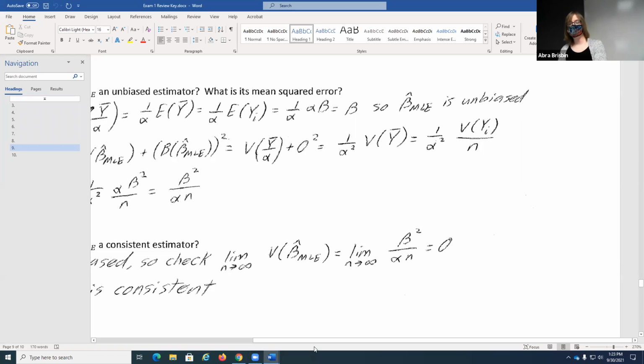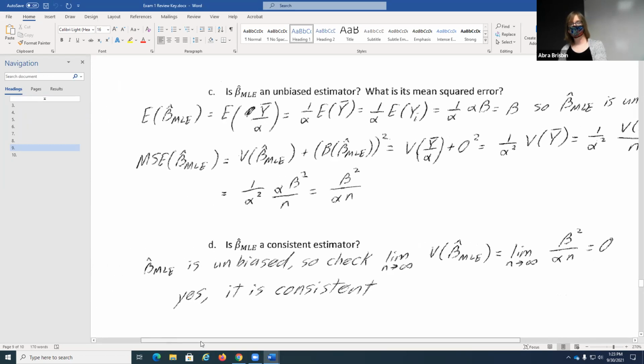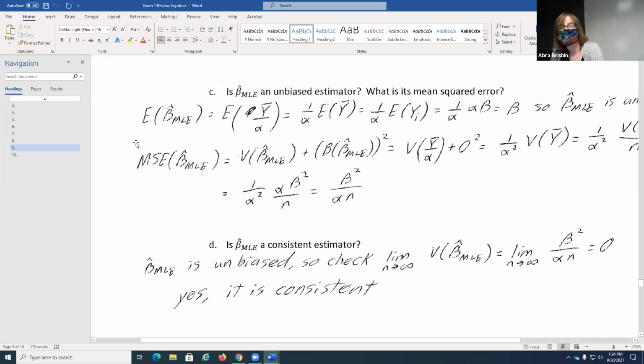And then what is its mean squared error? Typically, it's easier to use the formula that mean squared error is the variance plus the square of the bias. We already found that this was an unbiased estimator, so the bias is 0. So we just need to find the variance of the estimator, the variance of y bar over alpha.